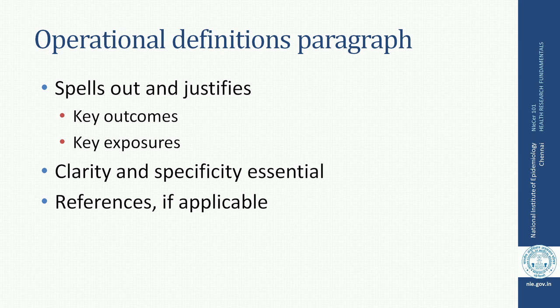Next paragraph gives the details on the various operational definitions that you are going to be using in your study. You spell out how you are going to define and measure your key outcome measures, what would be your key exposure measures, and again what would be the operational definitions of these measures.